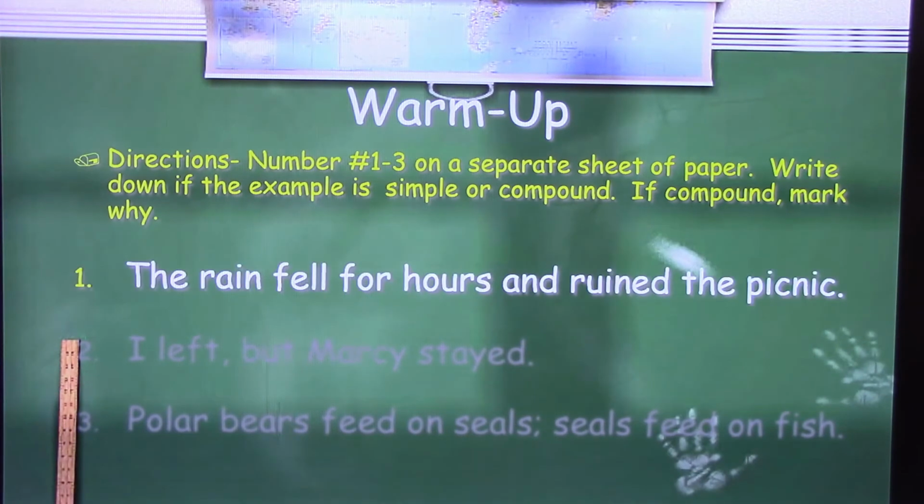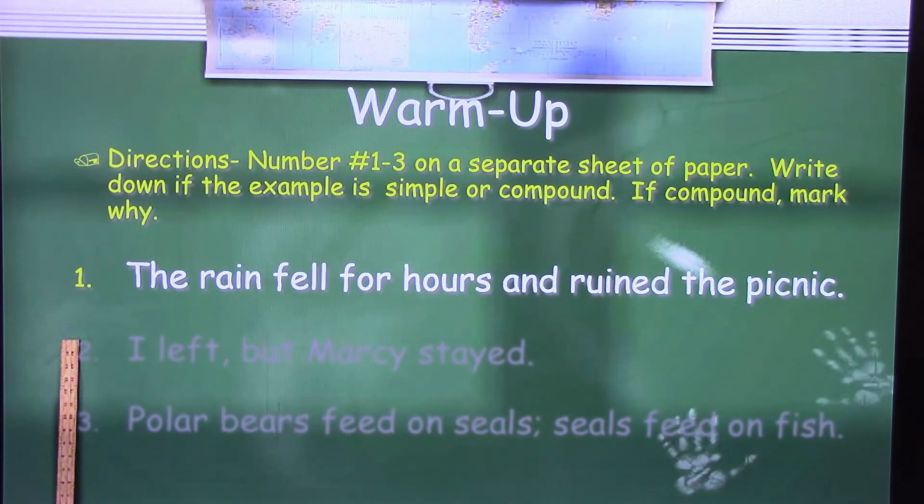Let's get the first sentence. Here it is: The rain fell for us and ruined the picnic. What do you think about this? Is this a compound sentence or a simple sentence?